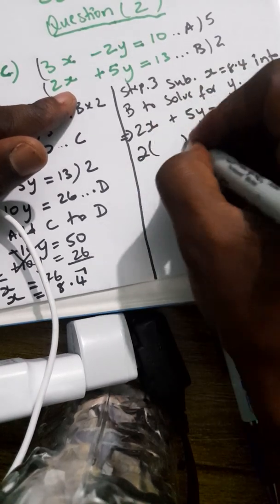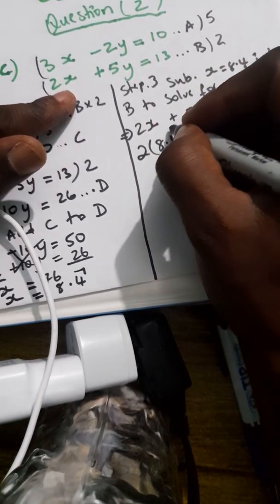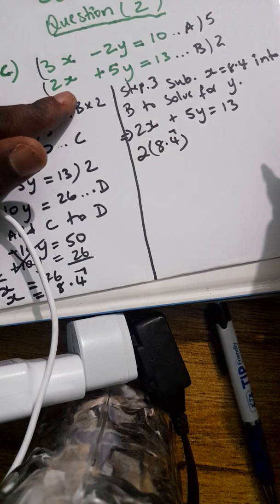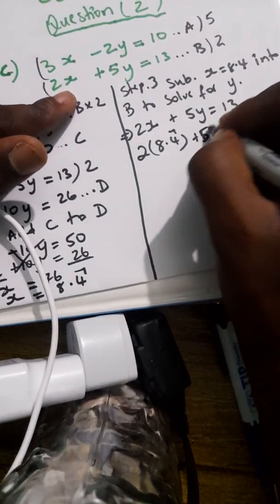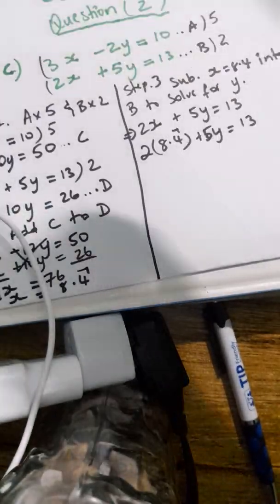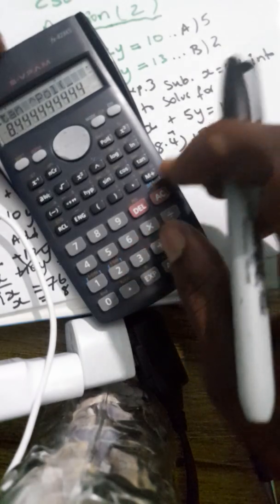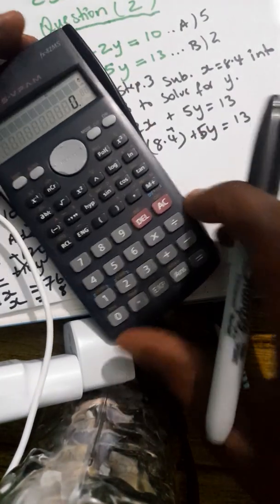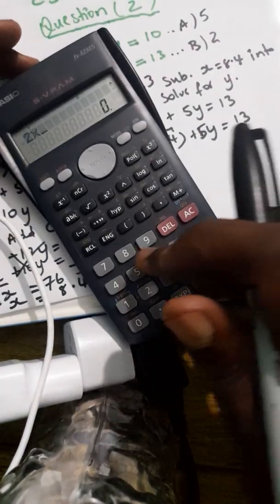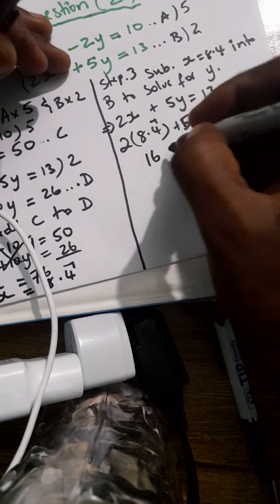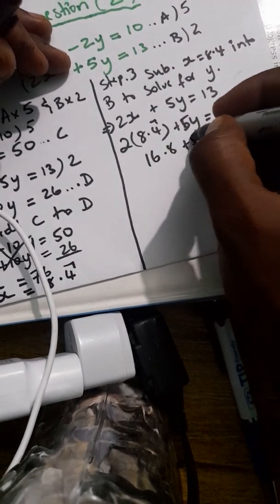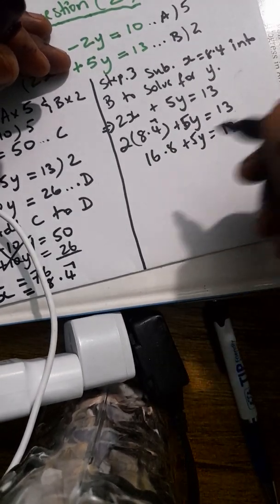What did we get x to be? 8.4, put the recurring sign, which means it goes on to eternity. So 2 times 8.4 is how much? 2 times 8.4, we get 16.8. So that is 16.8 plus 5y equals 13.